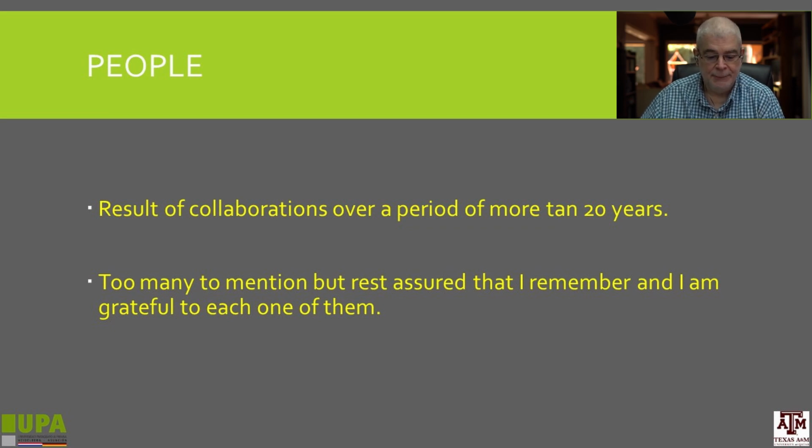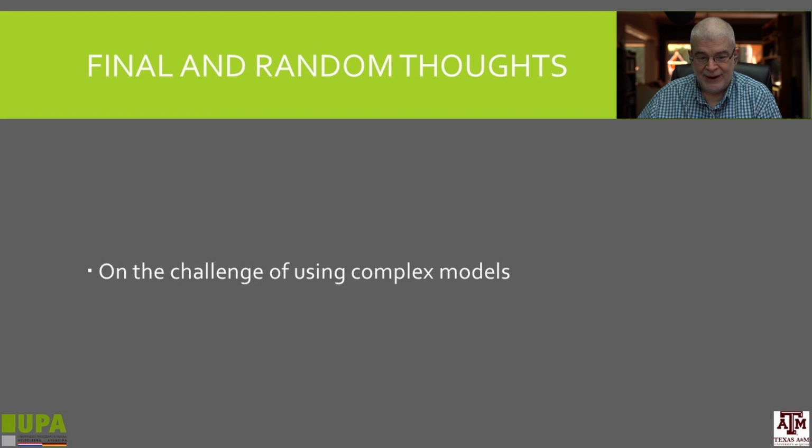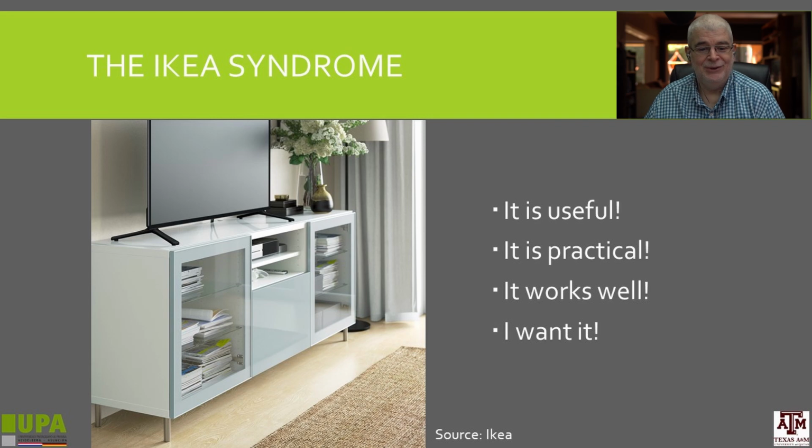Some final and random thoughts on the challenge of using complex models for the applications I have shown. And I would like to illustrate these with what I call the IKEA syndrome.